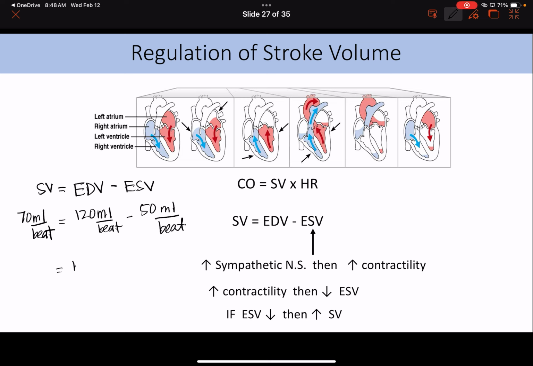Now we only have 30 milliliters per beat left over. What's our new stroke volume? 90. Does that make sense? If we increase the contractility and there's less left over, that means we have ejected more blood. So we have increased stroke volume.